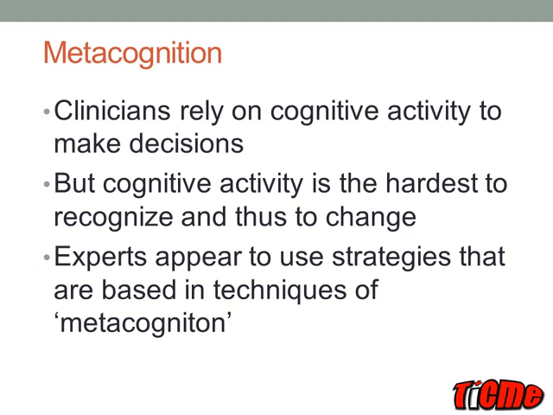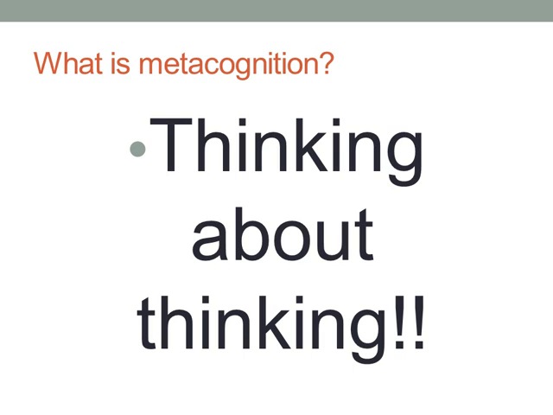People who are very good at making decisions tend to use these metacognitive techniques subconsciously and sometimes consciously in order to review their Type 1 decision-making processes. So metacognition is literally thinking about thinking. I know that seems like a very vague psych-style statement, but we'll talk about it now in a little bit more detail.